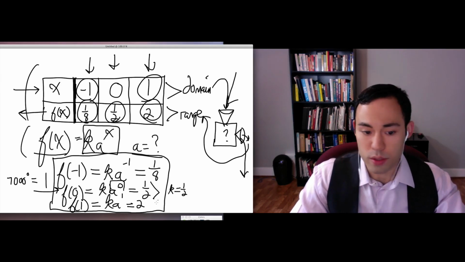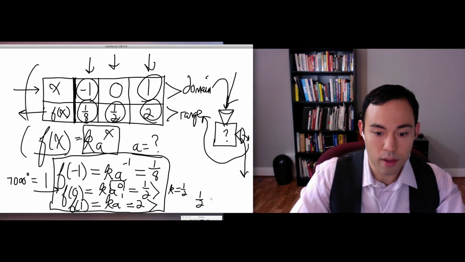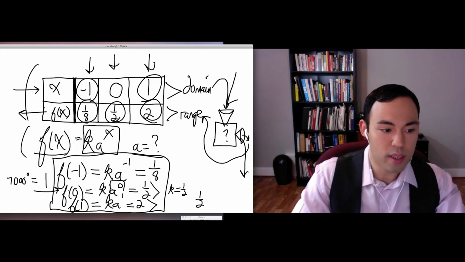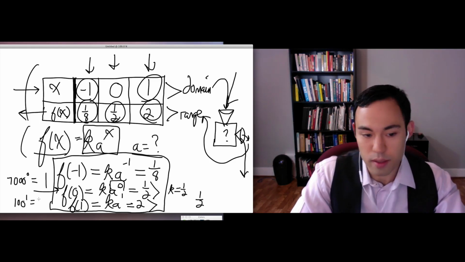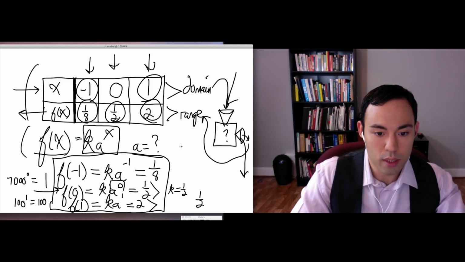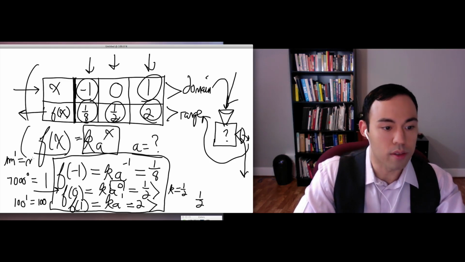It doesn't matter what we choose next, so let's just choose this one. We know that f of 1 is going to be k, which we now know is 1/2, times a to the 1. Now what's anything to the 1 power? Like 100 to the 1st power is just that thing itself, so it's just 100. So any number, let's say m, to the 1 power is equal to m.